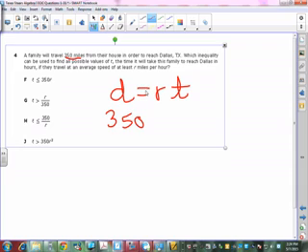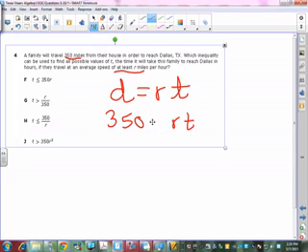And we want to know they're going at least r miles per hour, and so we want to know 350, and we are looking for t.